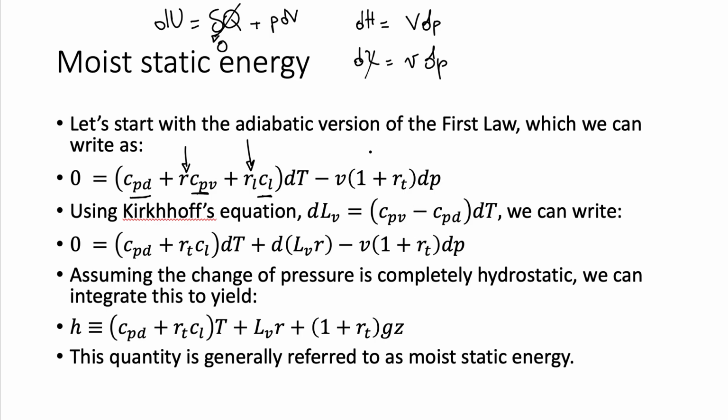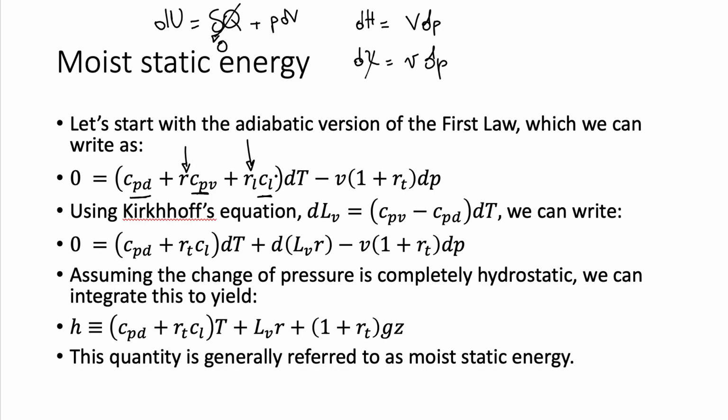This remains kind of unchanged. You can plug this in here, okay? And you have a term that contains now CPD and CL. Okay, CPV is kind of being taken out by dLV.